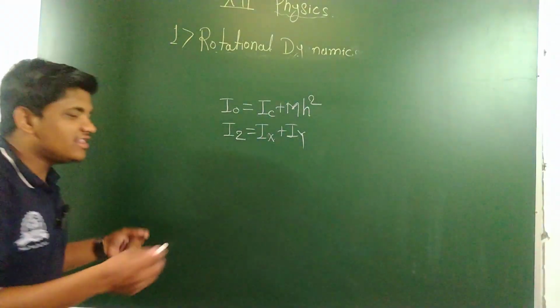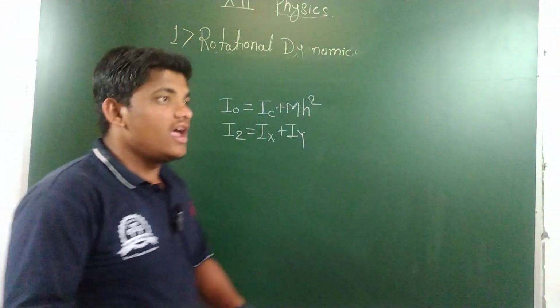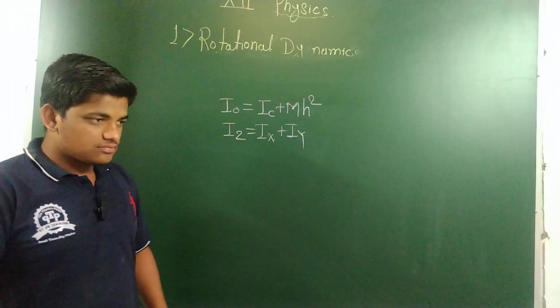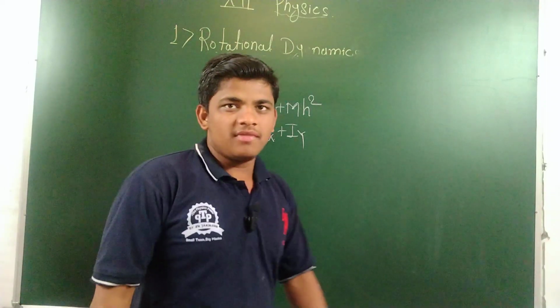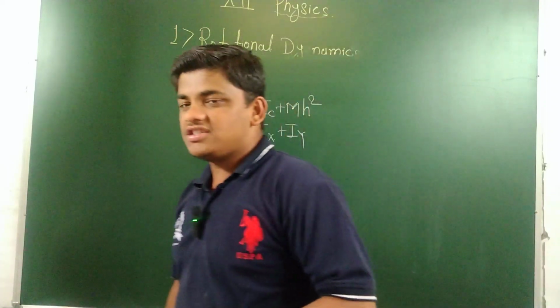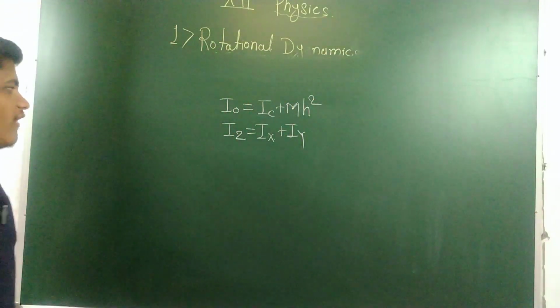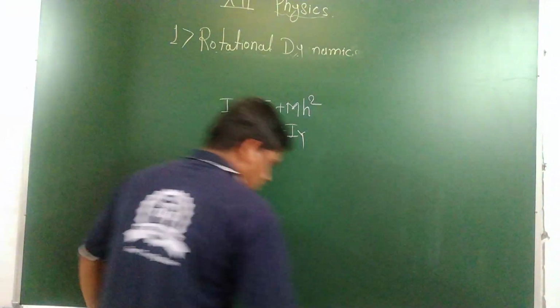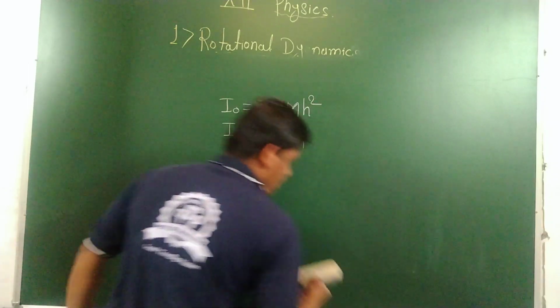It means all three axes meet at the same point and are mutually perpendicular to each other. Using these two theorems and the definitions of the moment of inertia, we find the moment of inertia of different objects having different shapes.